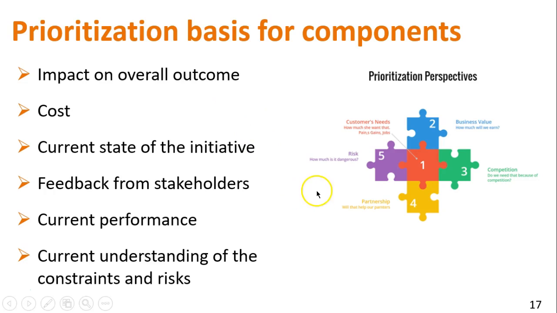We've identified a goodly number of them, and this is something that you're going to need to consider: that prioritization might be different based on any of these specific perspectives, and we're going to have to say, okay, we're prioritizing our components, but this is how we're going to prioritize them.